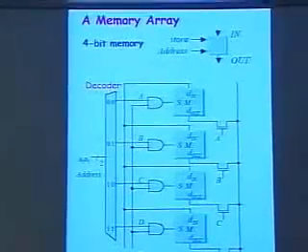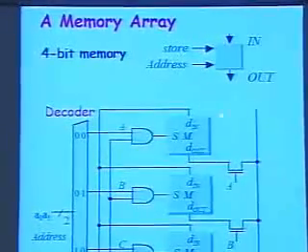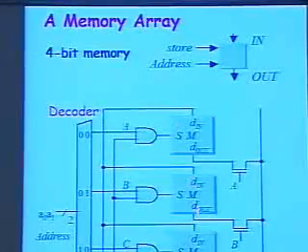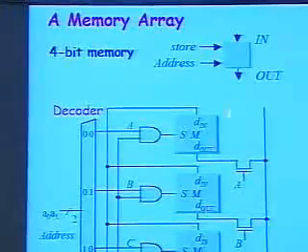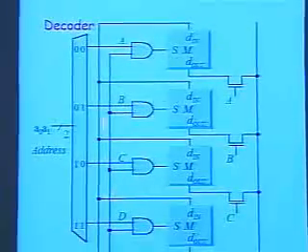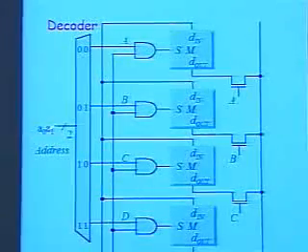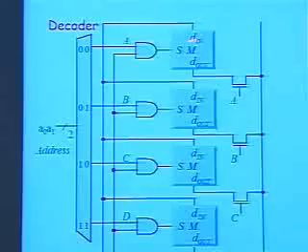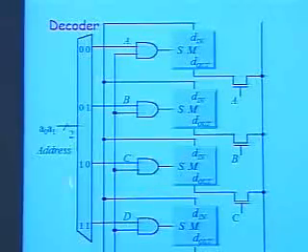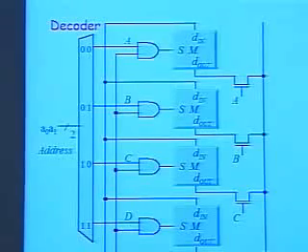And you can see the memory cells that we were discussing here. There's 4 of them, so this is a 4-bit memory. There's a decoder at the beginning here which decodes the address of each cell. So the input here will tell me which cell I need to address.